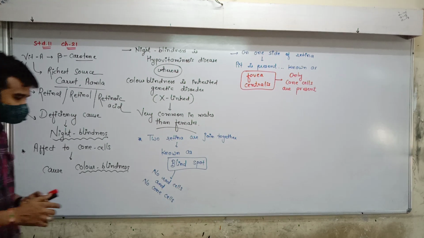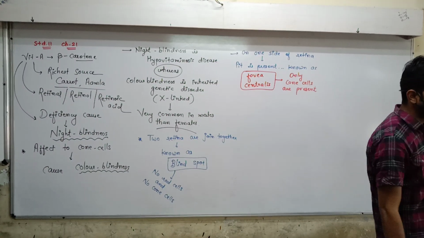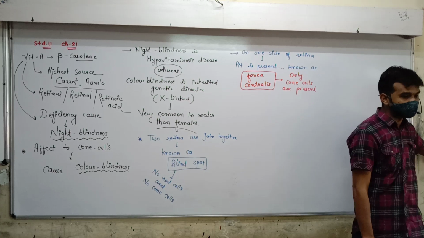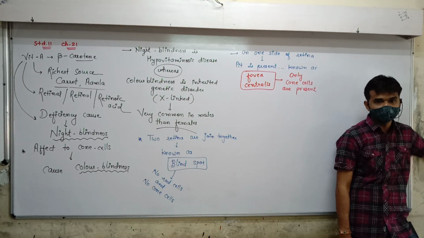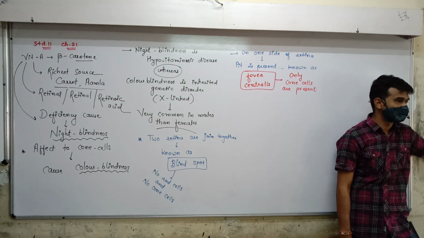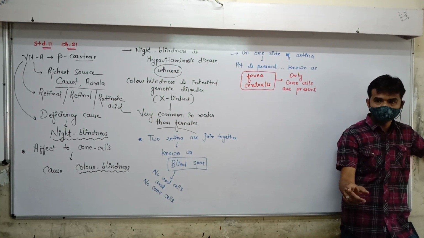And this fovea centralis consists only of cone cells. So if the image is formed here, and we are present in a bright area, then we will see the object, otherwise not. Is it clear?